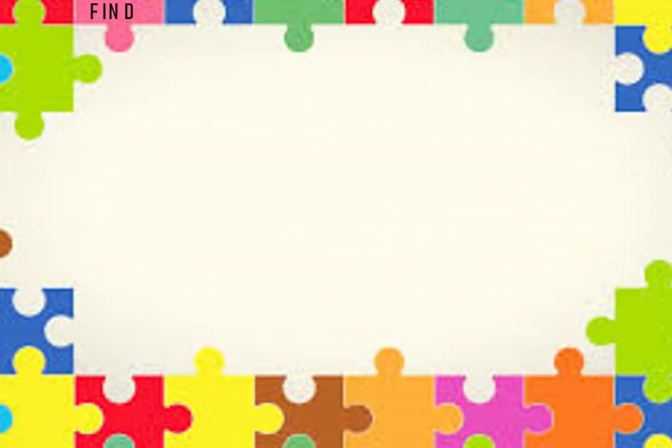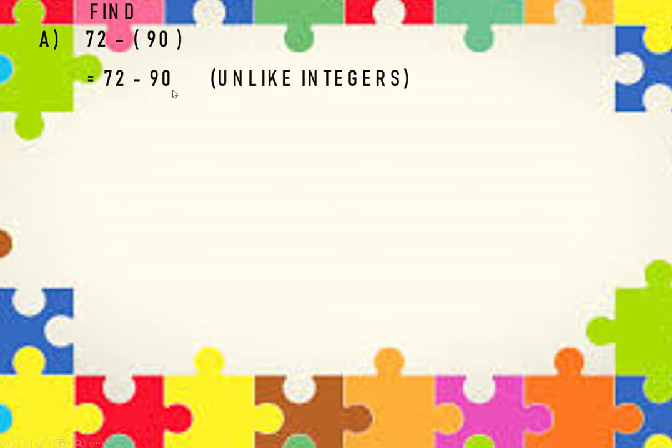Next question I am taking: A part, 72 minus 90. It is question number 1, B part of exercise 6.3. 72 is with a plus sign and 90 is with a negative sign, so I will write it as 72 minus 90.